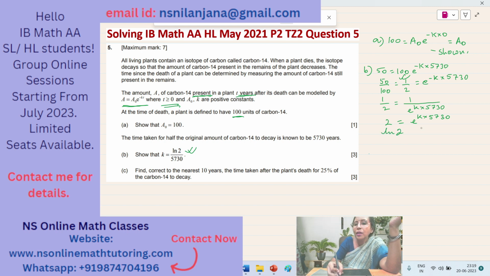So this is ln of 2 equal to k times 5730, or k is equal to ln of 2 over 5730.